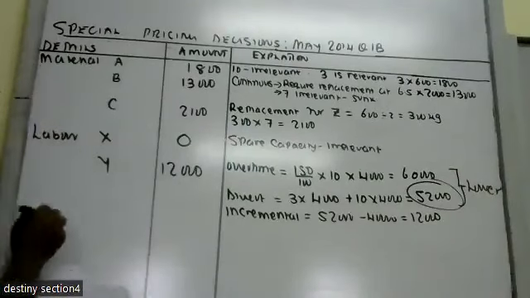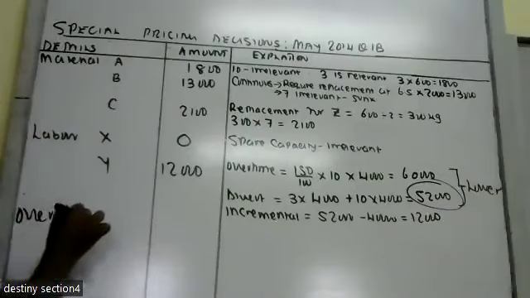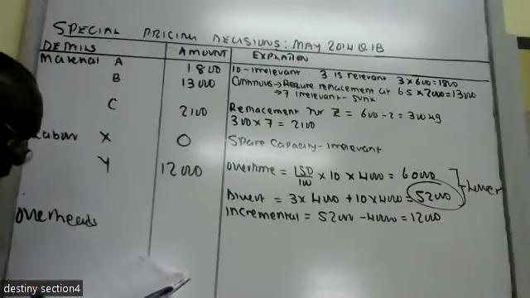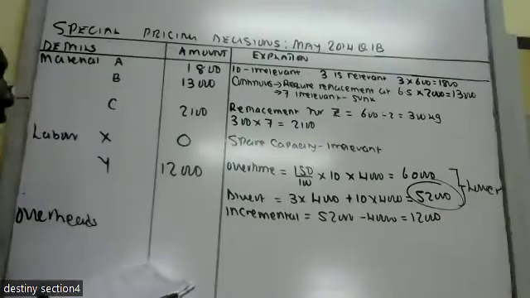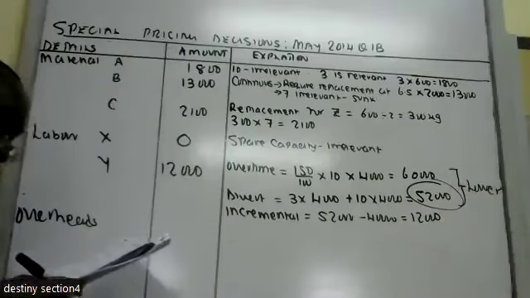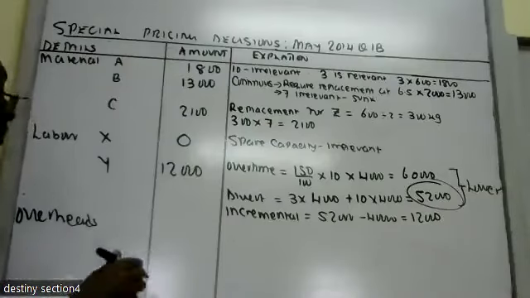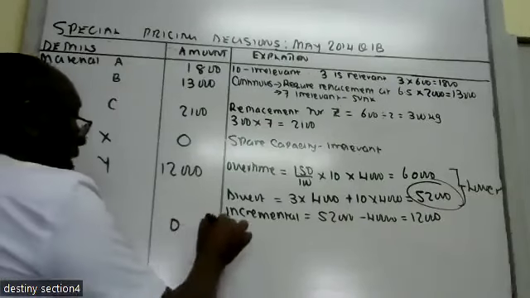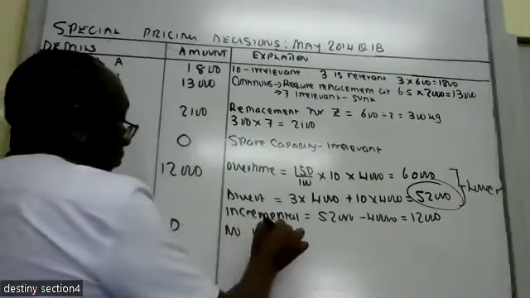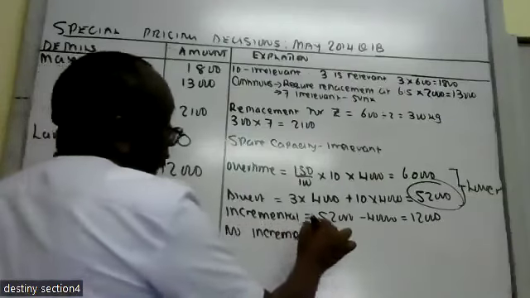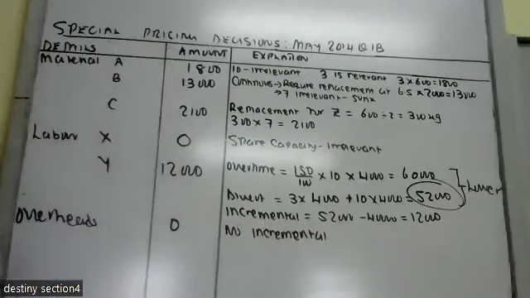The next one is overheads absorbed on predetermined. So tukuja kwa overheads. Overheads, they are absorbed on predetermined rate. And we are told there will be no incremental cost incurred as a result of this. So this one is 0. We are told no incremental.